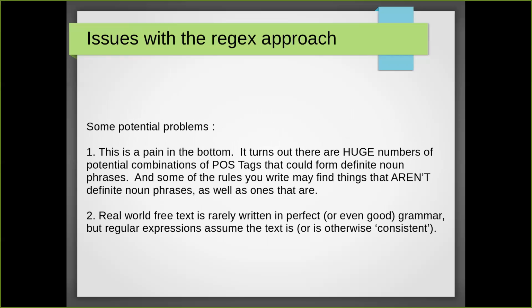There are vast numbers of potential combinations of POS tags that could form definite noun phrases, and you have to be really careful, because sometimes you'll write a rule that says look for this combination of POS tags, and it'll pick up definite noun phrases, but it'll also pick up things that aren't definite noun phrases as well. So it's an absolute nightmare trying to do it that way.